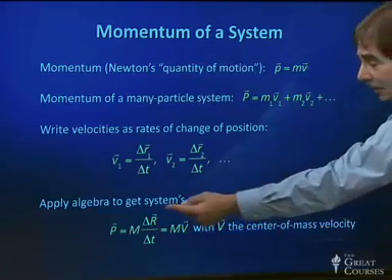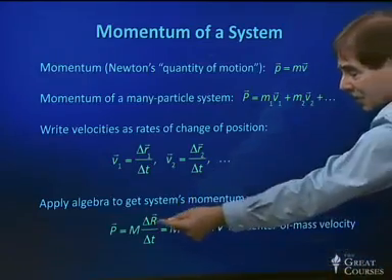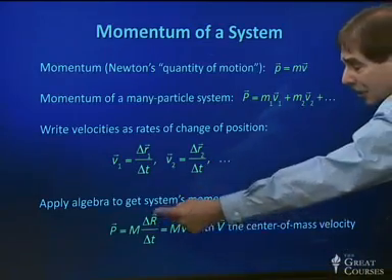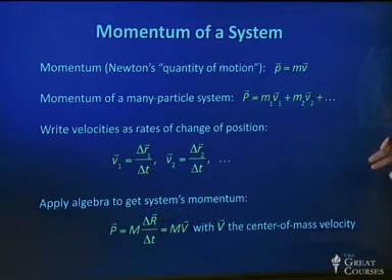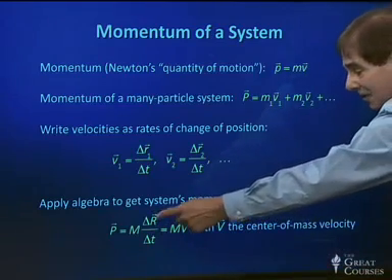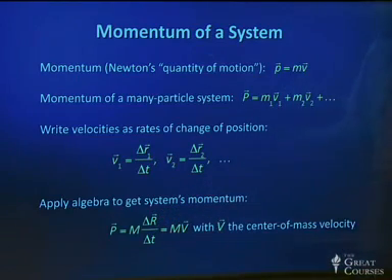You end up finding that the total momentum of the system is the total mass of the system times a quantity delta R, a change in a position R, capital R, a quantity that accrues to the entire system. And that delta R over delta t is the change in the position of the center of mass.